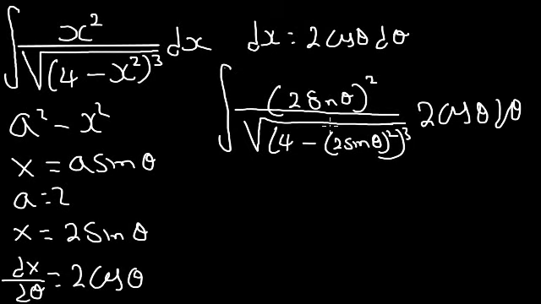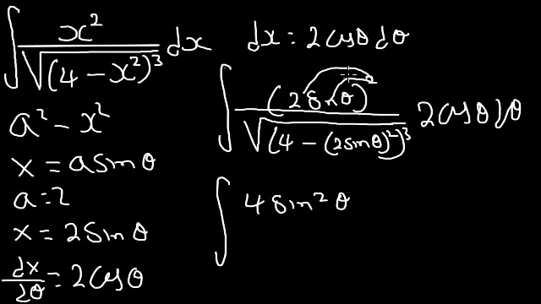We can only just simplify these pairs of trigonometric functions. I would like to expand this. I've just distributed the square, and the integral will become 4 sine squared theta. I believe you got that. Just distribute the square for the whole thing you have within the parentheses.